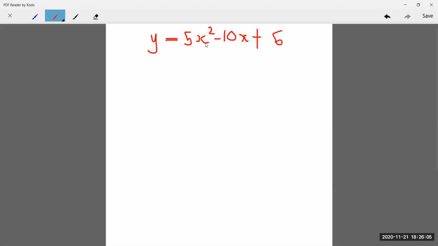Let's say I give you this. y is equal to 5x squared minus 10x plus 6. How do I differentiate this?